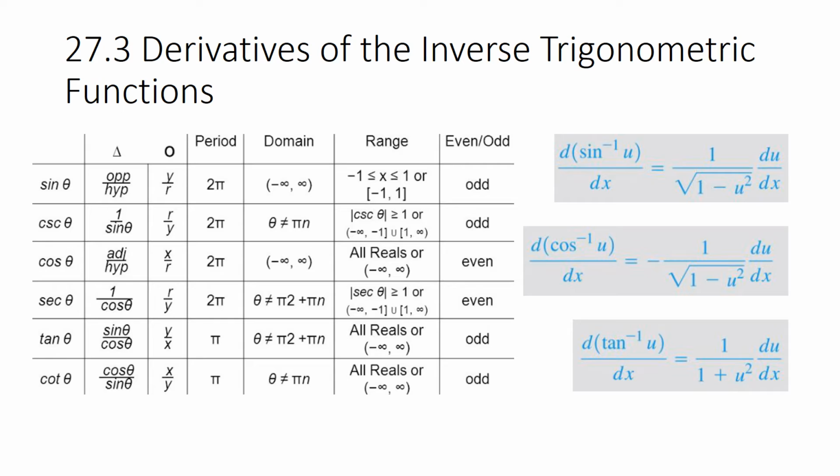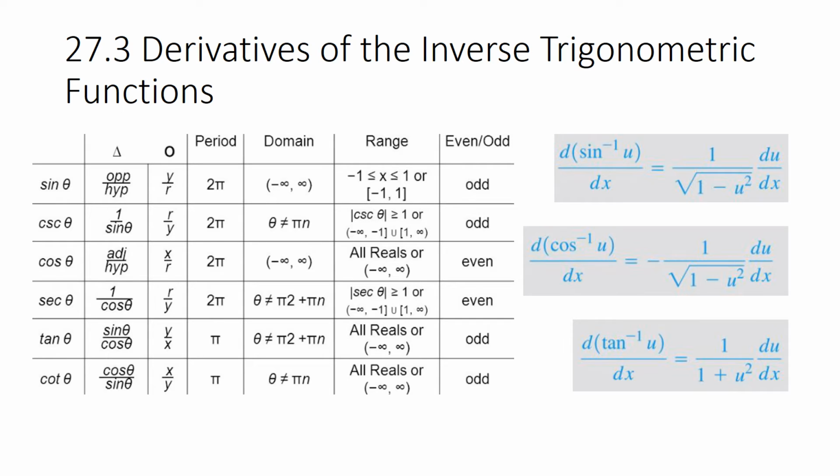You can also see that the inverse cosine is very similar. It's negative 1 over the square root of 1 minus u squared, times du/dx. And the inverse of the tangent, that's a popular one. We use that to find the angle when we're doing polar coordinates, so we use the inverse tangent or the arctangent quite a bit when we have rectangular coordinates.